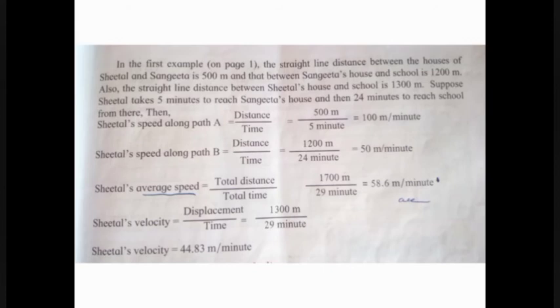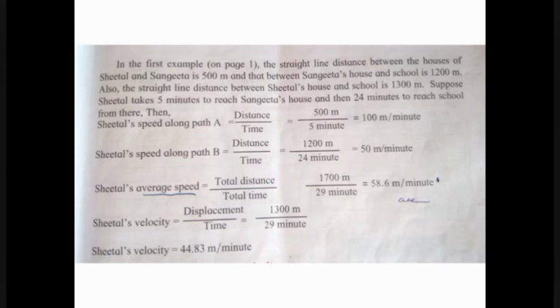Now the displacement in that case was only 1300 meter. Therefore, Sheetal's velocity is the displacement divided by time. Therefore, the displacement was 1300 meter and time required was 29 minutes altogether.